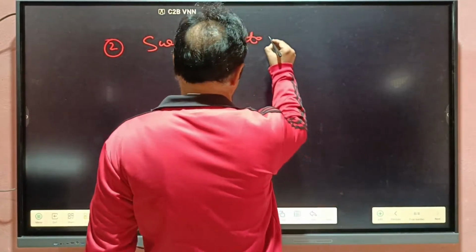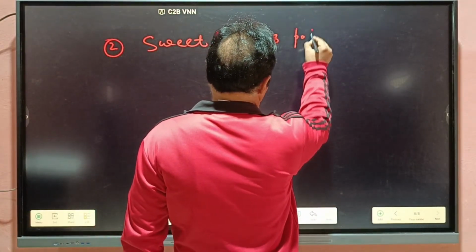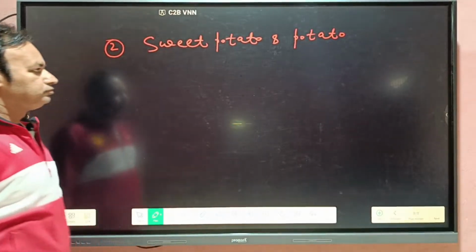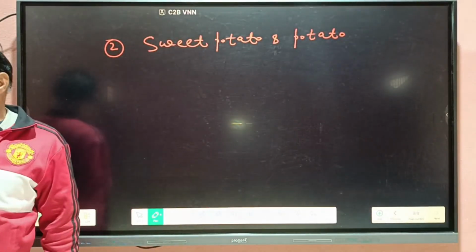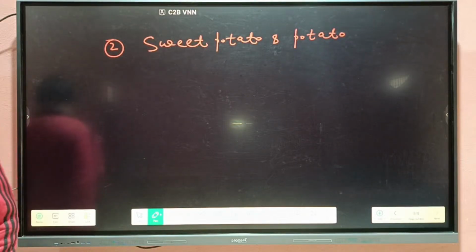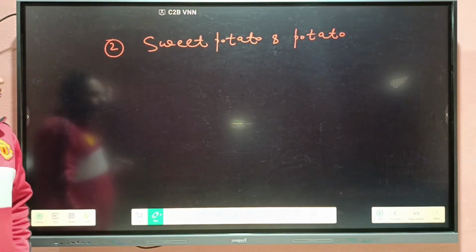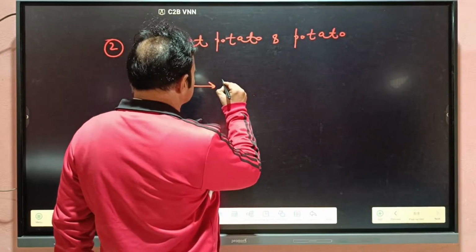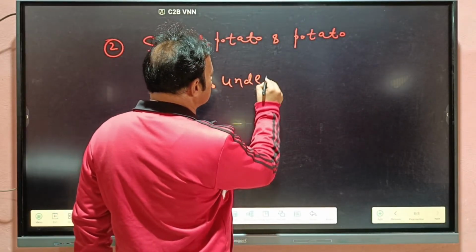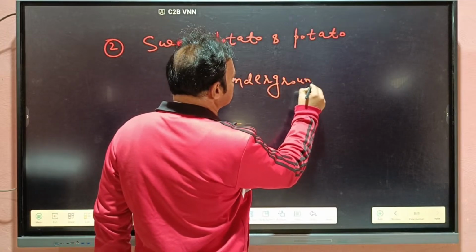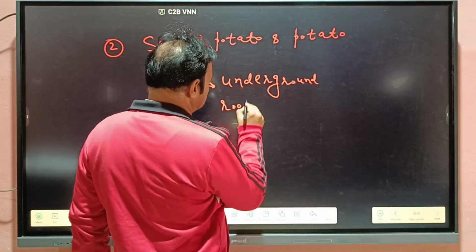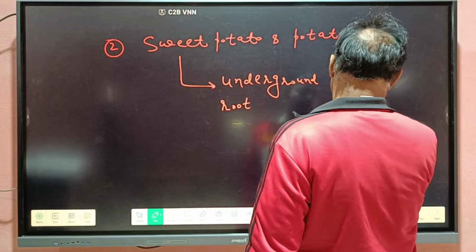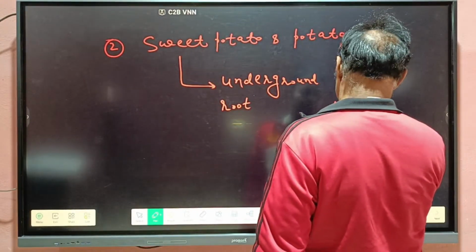Sweet potato is an example of an underground root, and potato is an example of an underground stem.